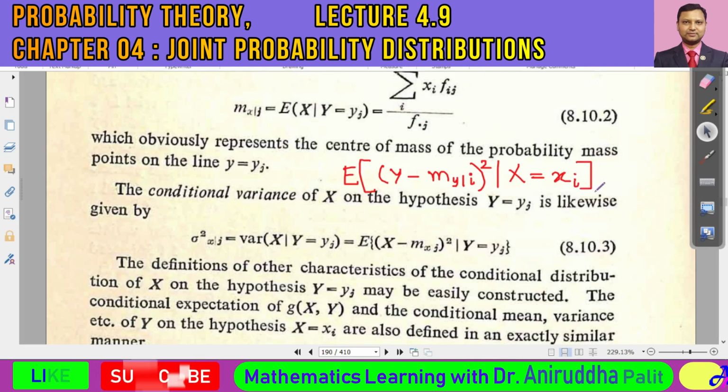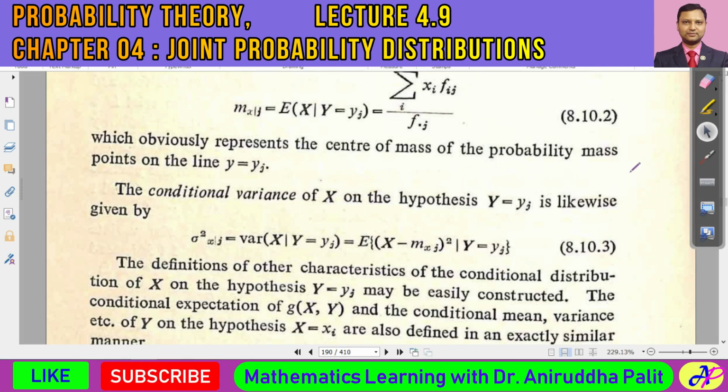All right, so this would be the definition of the conditional variance of y, and it should be designated as sigma square y given i, under the condition that x is equal to xi. So in this way we can define the variance for the conditional distribution of y given x is equal to xi. So these were all definitions in case of discrete distributions.